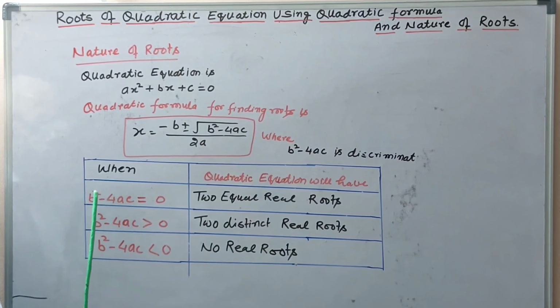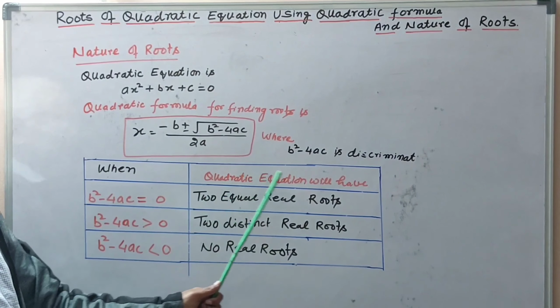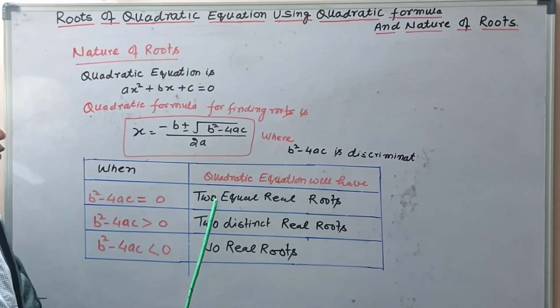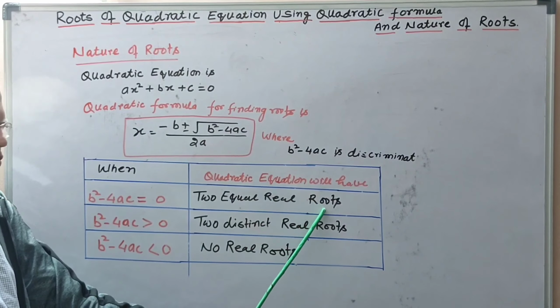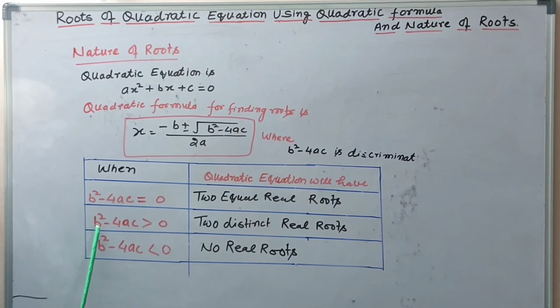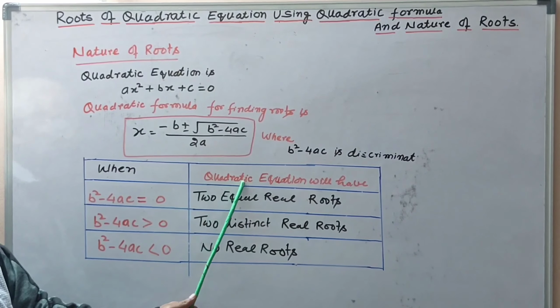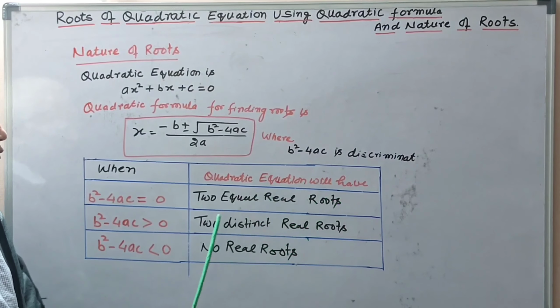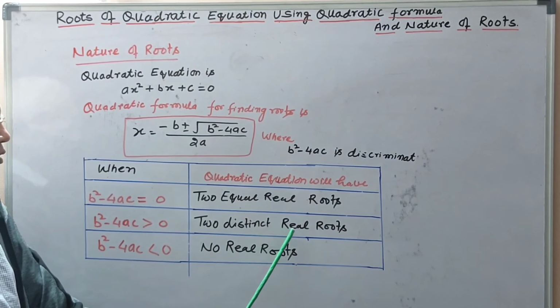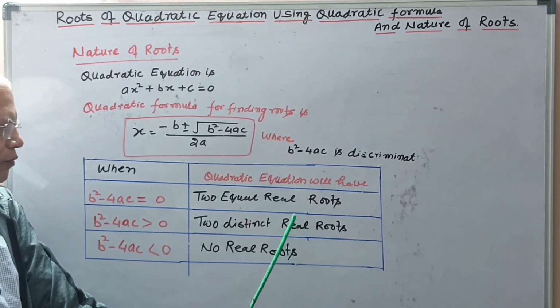When discriminant b square minus 4ac equal to 0, the quadratic equation will have two equal real roots. When b square minus 4ac greater than 0, means positive, the quadratic equation will have two distinct real roots.